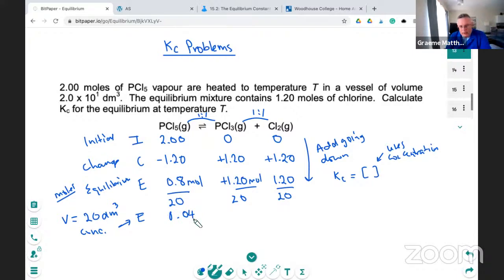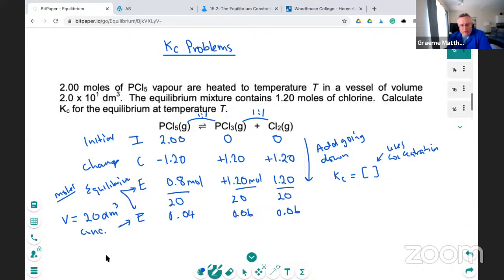Make sure my mental math is correct. This is 0.06, and this is 0.06, right? So here's my equilibrium concentration. You start out with equilibrium moles, and it's moved to equilibrium concentration. And then you're going to put it into the Kc expression.